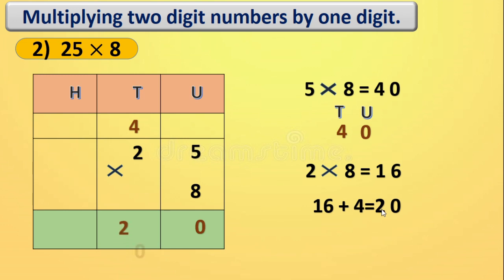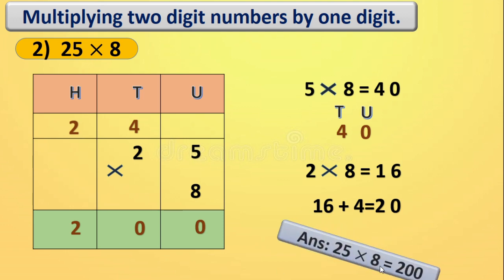Right? 20 we will write here. Now you know that this 0 will remain in the tens place and 2 will be carried over to the hundreds column. And nothing is there, so 2 will come down. Right? So the answer is 25 multiplied by 8 is equal to 200.